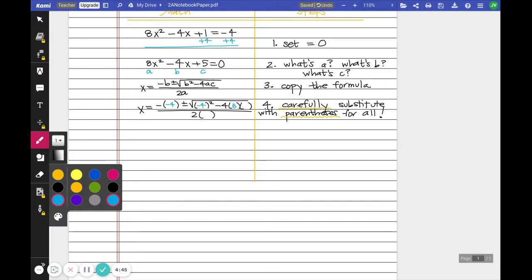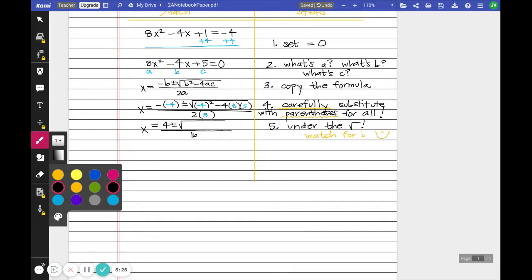Now we're starting under the square root. Under the square root, watch for i. And as I go under the square root, I'm also going to be mindful of the fact that I've got a negative 4 on the top, and I've got a 16 on the bottom.